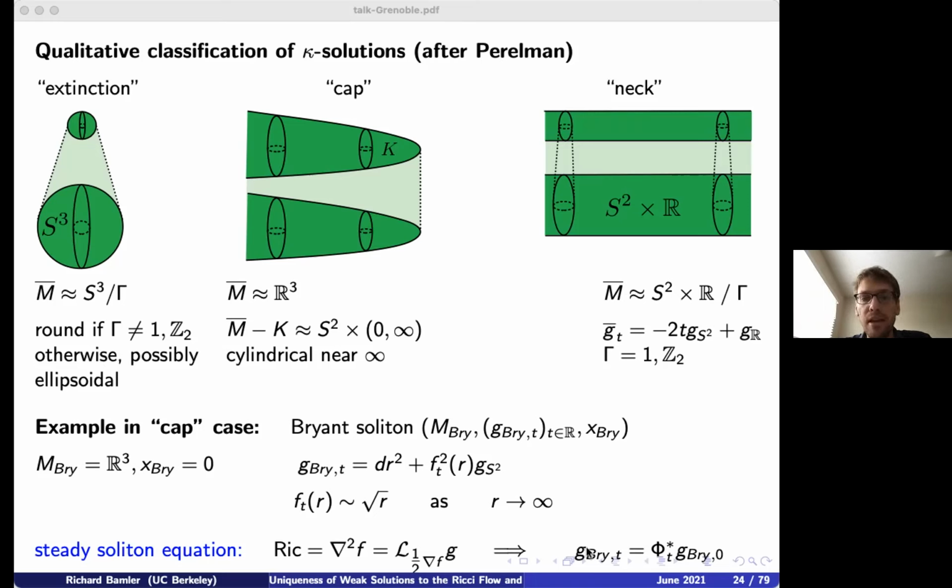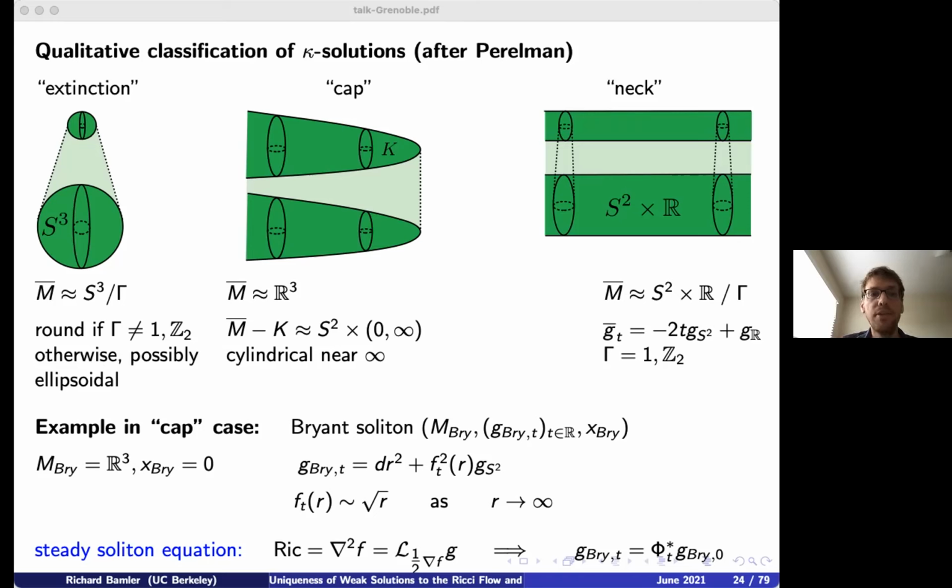Okay? So essentially, it shows that all time slices of the Bryan soliton are isometric to one another. And some of these families of isometries are essentially given by the flow of the gradient of f. Okay, so this is a very important class of examples. The important flow in this topic.